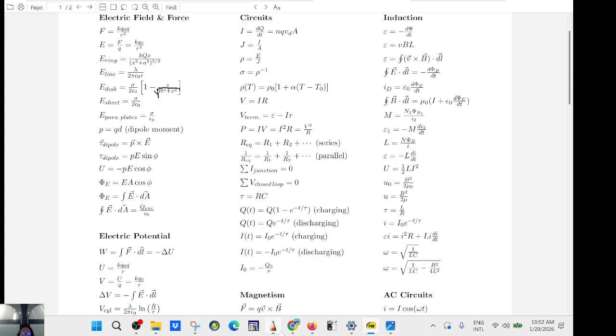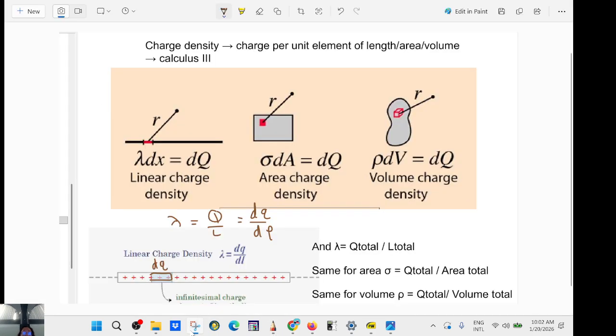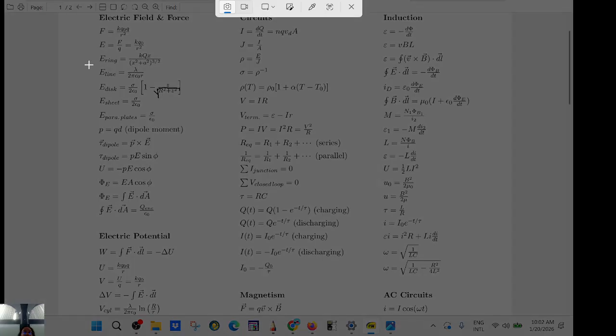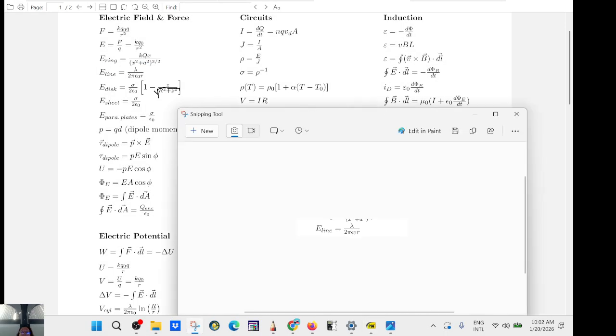You open your book and you do the math. The integral is not that hard, but you can find this equation. If we have a very long wire with a continuous distribution, at a point P the electric field will go this way because the X component from that one and from that one will cancel out, and that will be the magnitude.